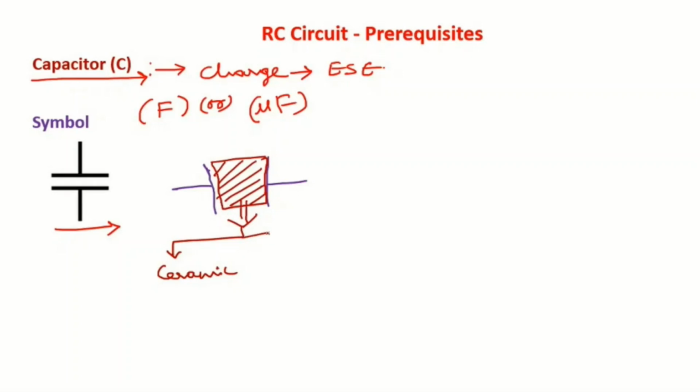The second one may be a paper capacitor, that means the dielectric is paper. Then there is a plastic capacitor. And the fourth one is electrolytic.